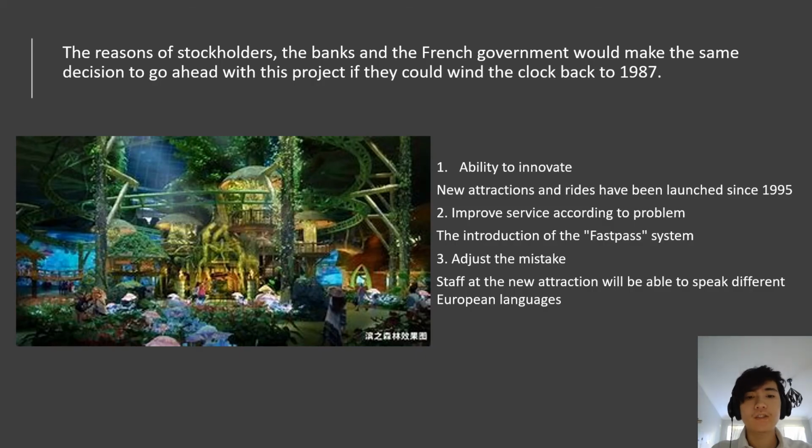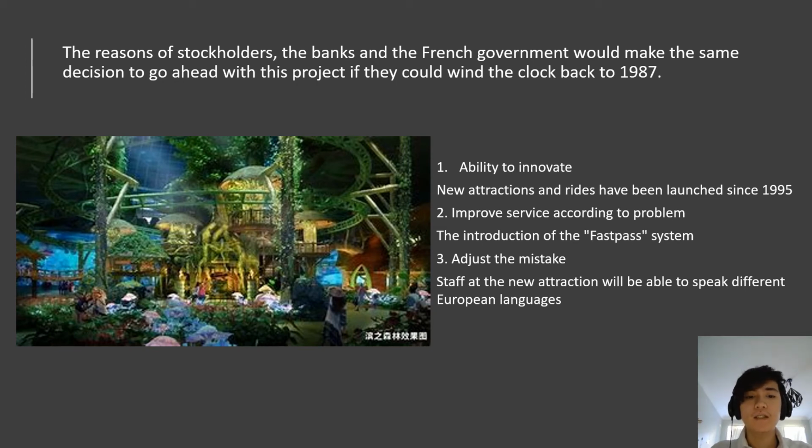If the clock could be turned back to 1987, as a shareholder, bank, and the French government, I would also have made the decision to go ahead with this project. There are three reasons for support. First of all, Disney has a very strong ability to innovate.